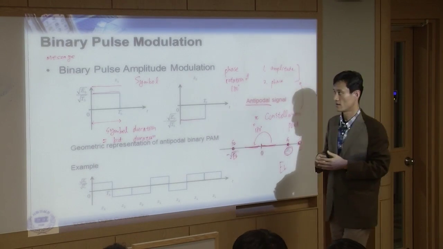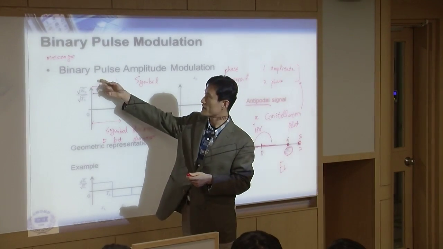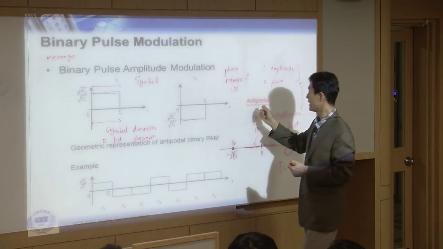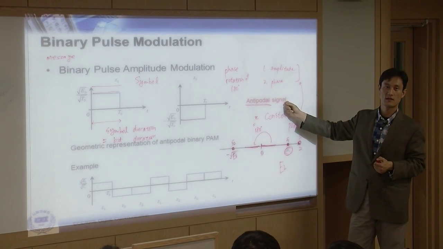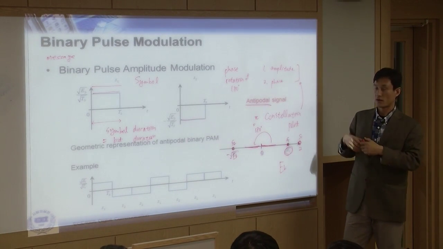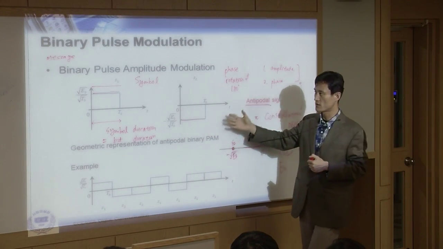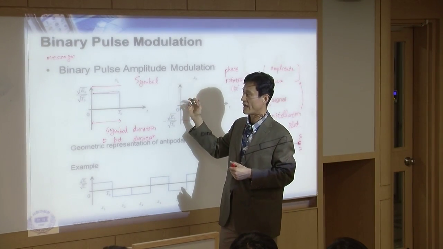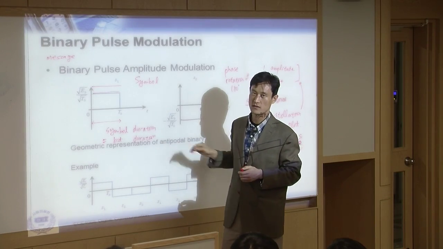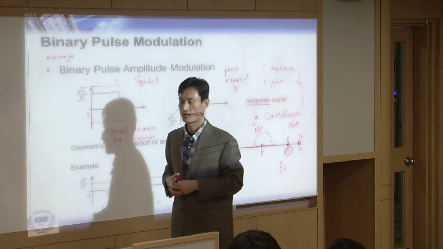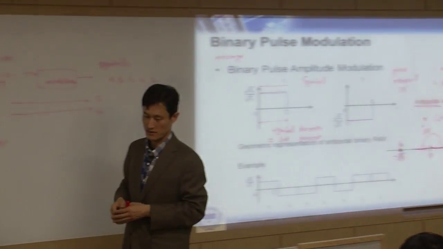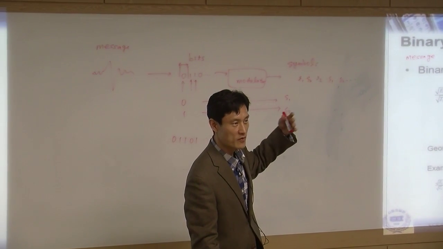That's the case of binary PAM with antipodal signal. Remember one more time, why do we call it antipodal? Because S1 and S2 have the same amplitude but different sign. That's antipodal signal. So this is one type of binary signal.